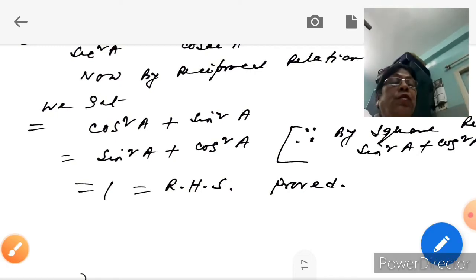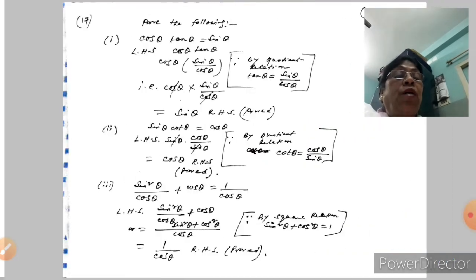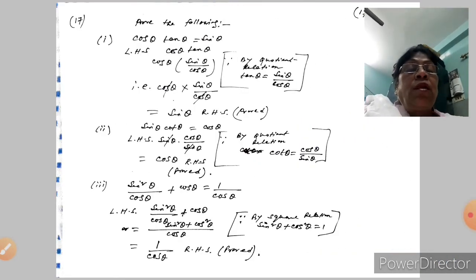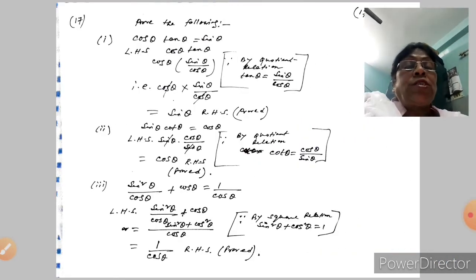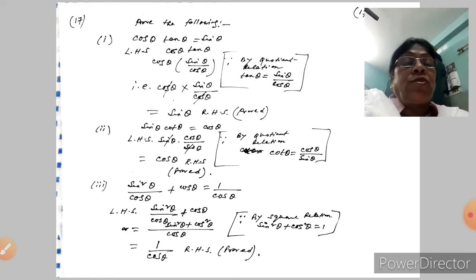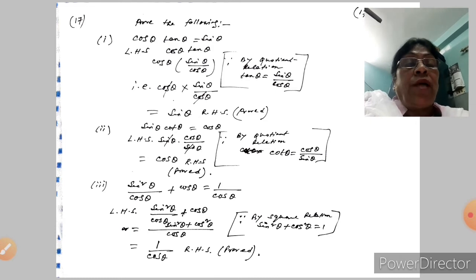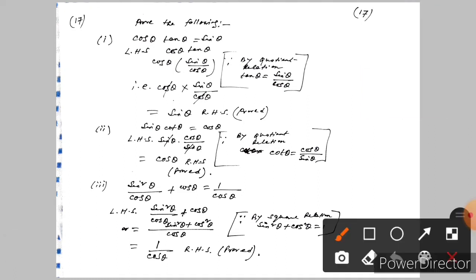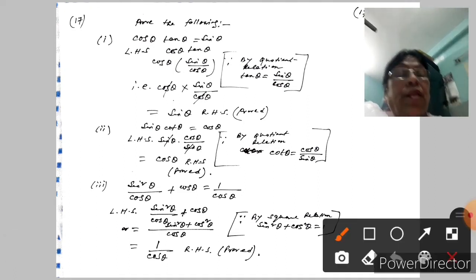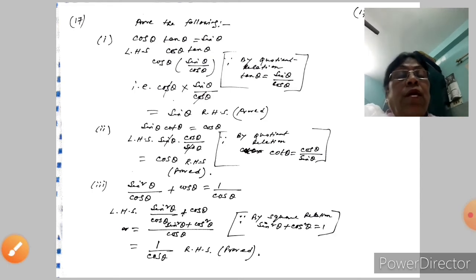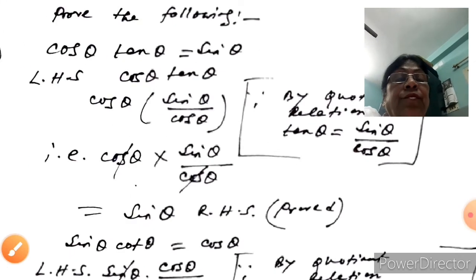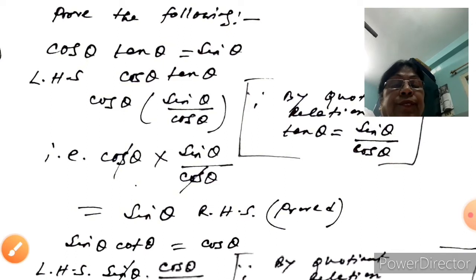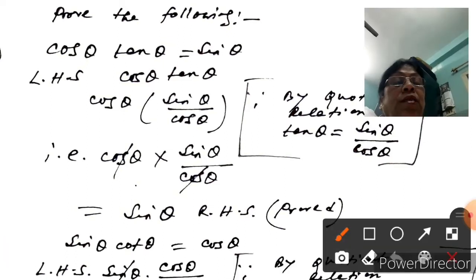Okay. Now, come to question number 17. Prove the following: cos theta tan theta is equal to sin theta. Left hand side cos theta tan theta.